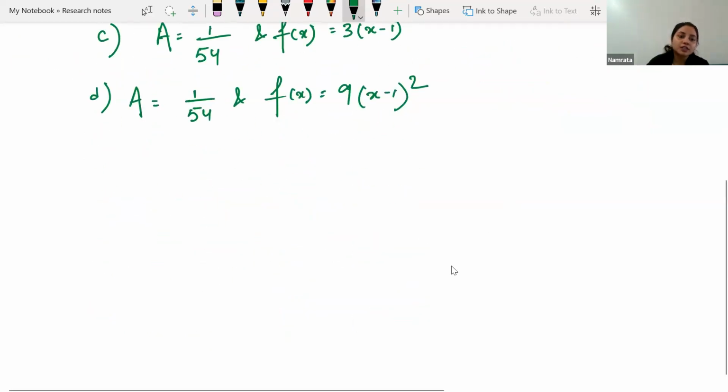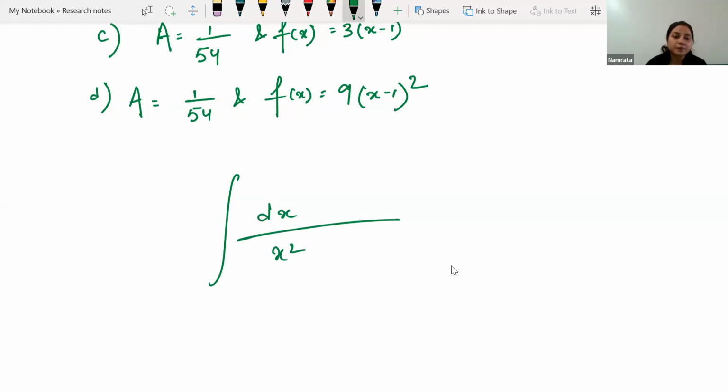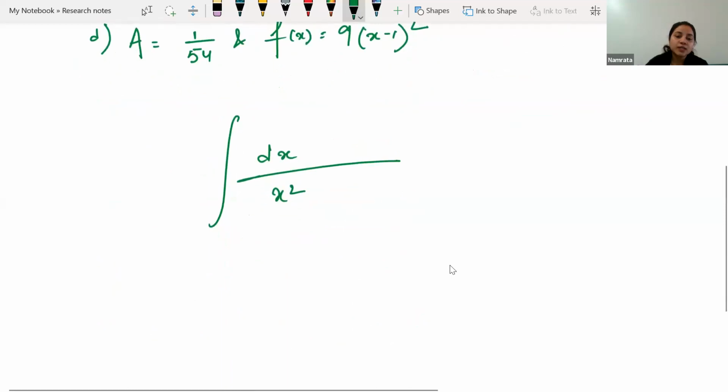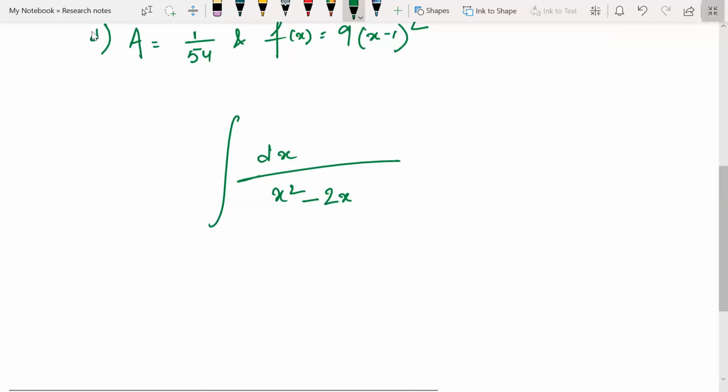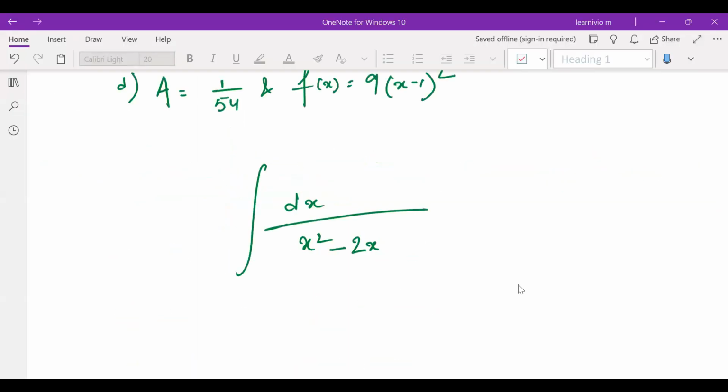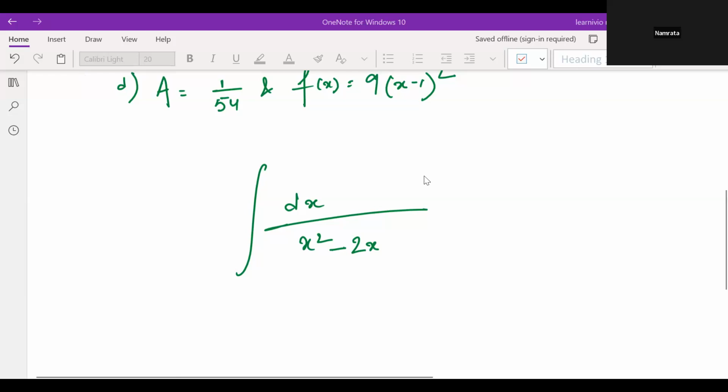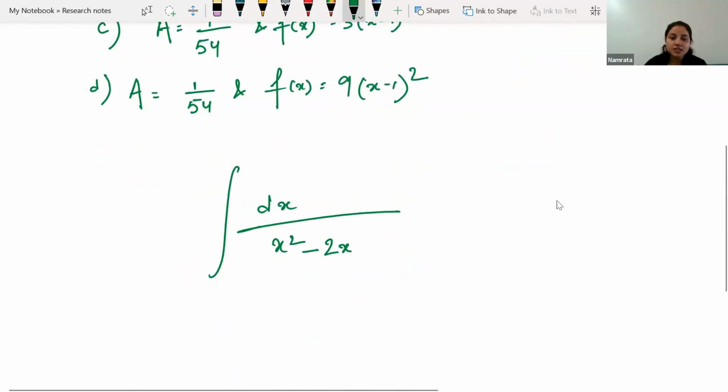So we have the integration dx over (x square minus 2x plus 10) whole square.